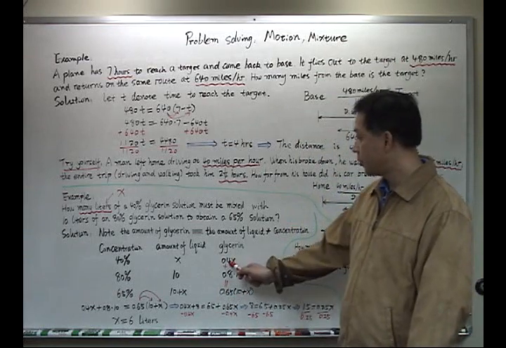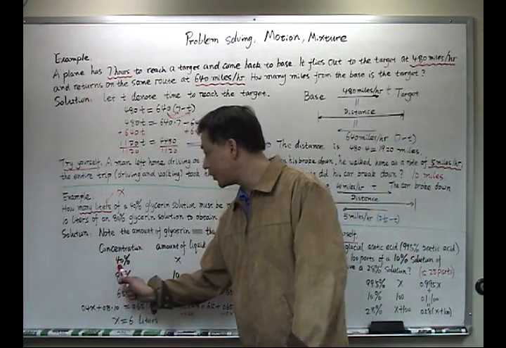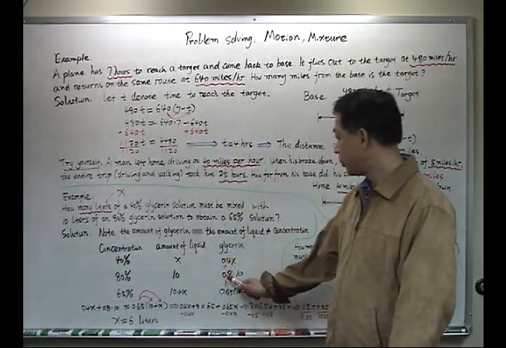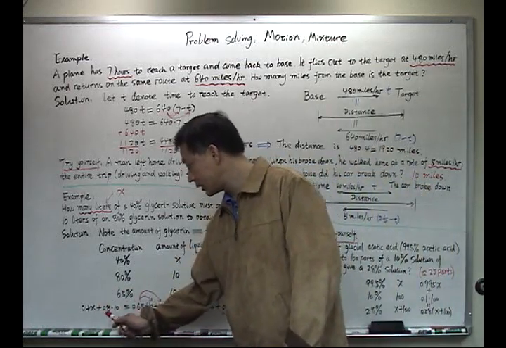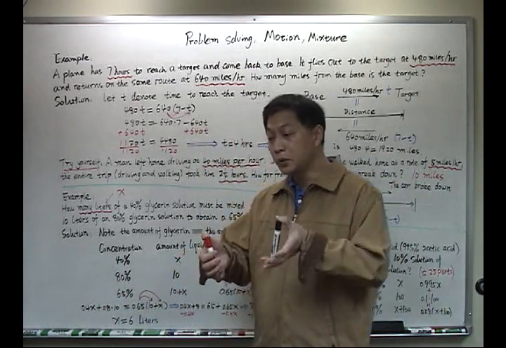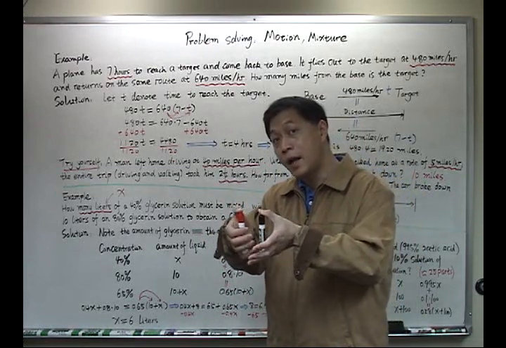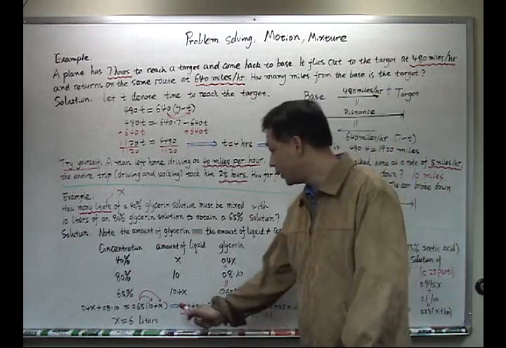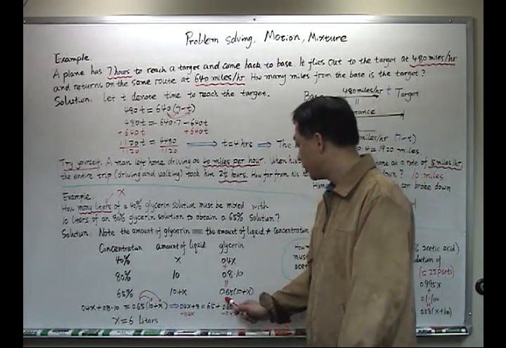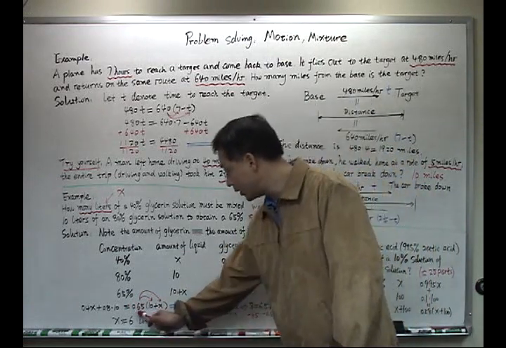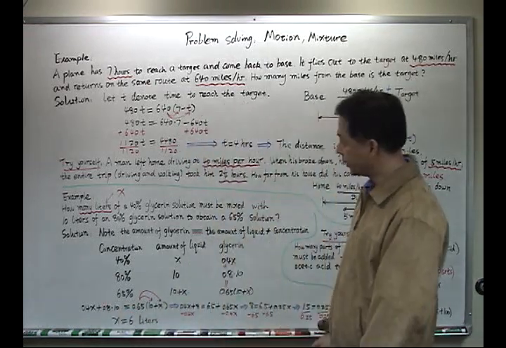So this would be 0.4 times X, the glycerin from the 40% solution, plus 0.8 times 10, the glycerin from the second part. Together they should equal the glycerin in the last cup, 0.65 times the quantity right here.